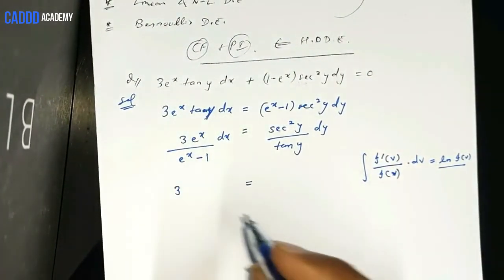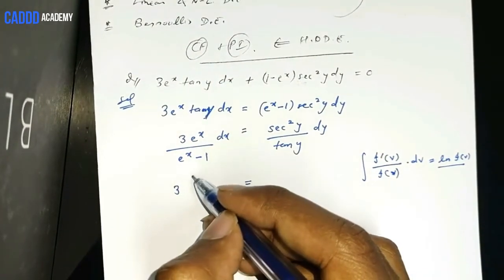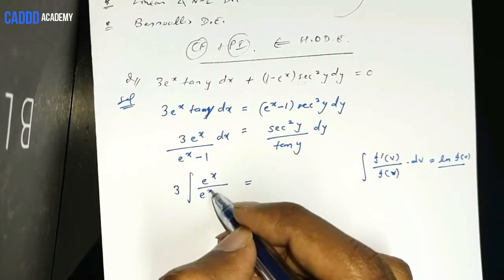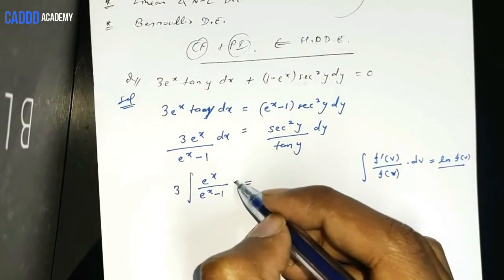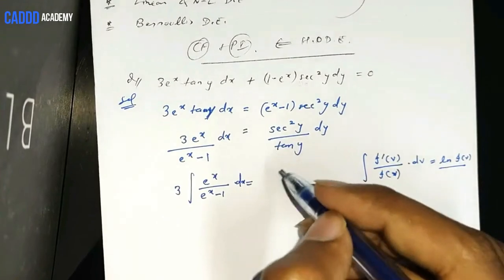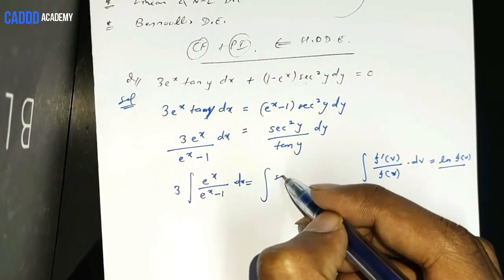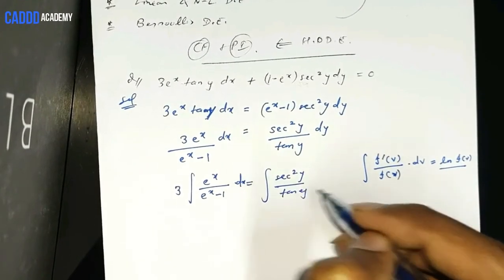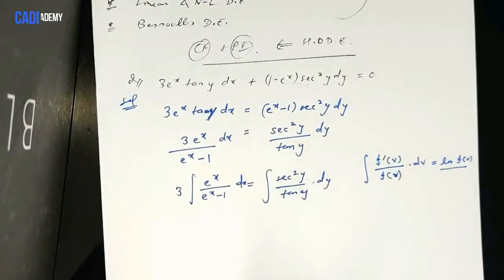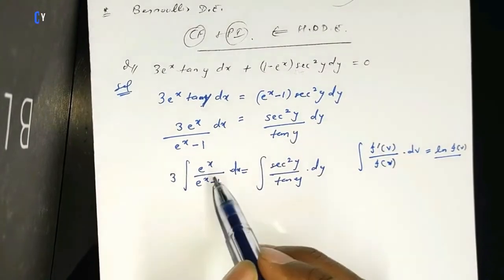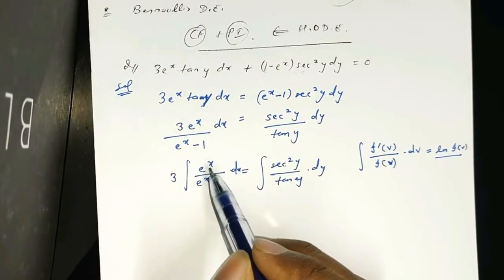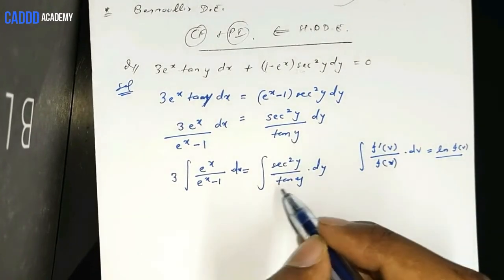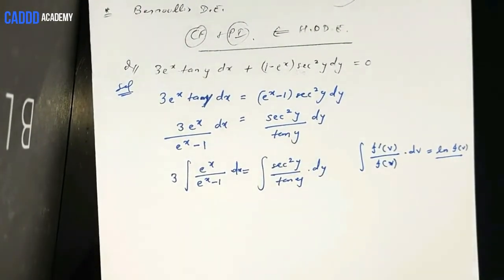So let's integrate both sides. Taking the constant term common, and here we have e to the power x dx divided by e to the power x minus 1, obviously, and integrating this side also, we have what, this thing. Okay, so this thing's differentiation is this, and this function's differentiation is this, because we know tan y's differentiation is what, sec square y.